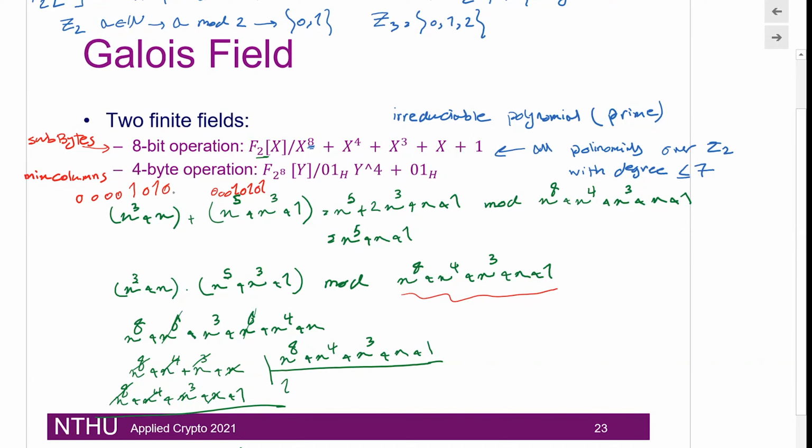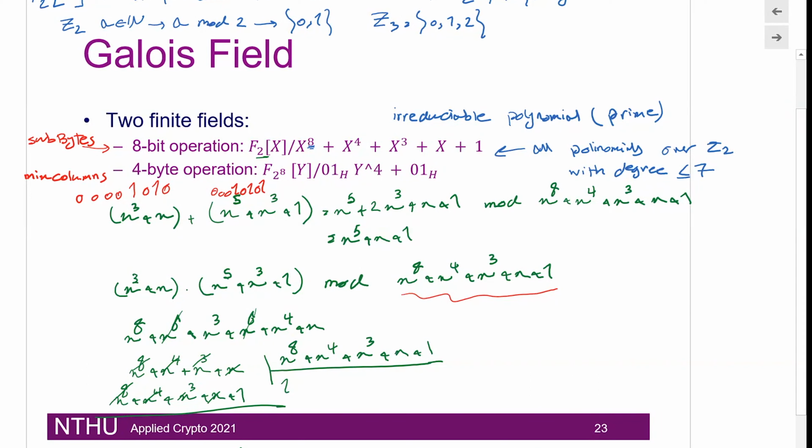So a byte can be represented as a polynomial, and these polynomials can be represented as a byte. This one is saying that this bit is 1, so the corresponding coefficient is 1. We don't have x^2, it is 0. We have x^3, it is 1. We don't have x^4, it is 0. We have x^5, it is 1, and the rest of them are 0.